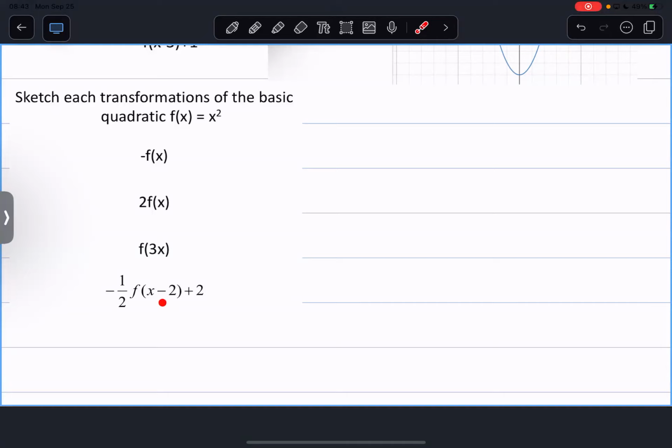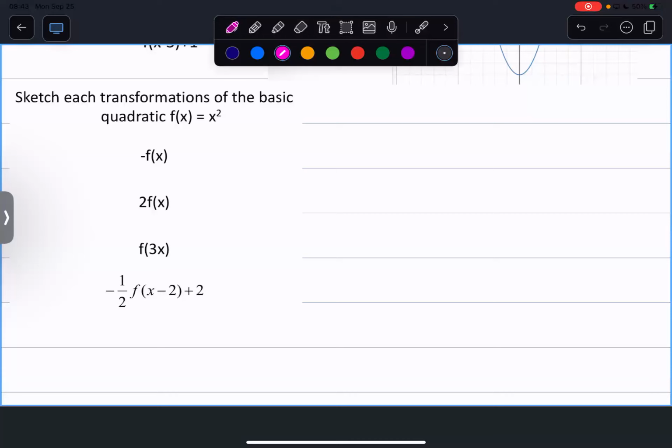I'm looking for guidance here. Right, so that's the backwards one to me. Okay, so shift right 2.